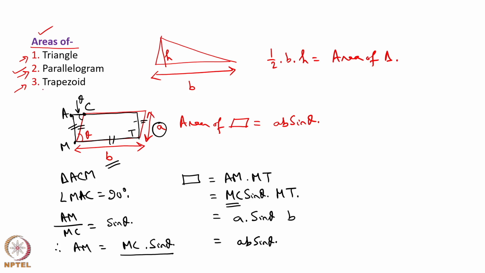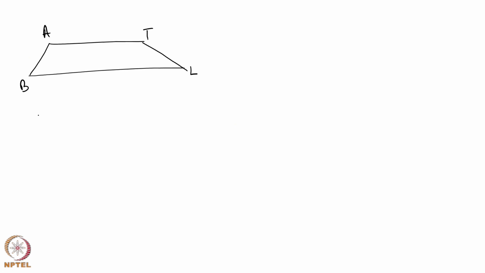We are now going to see the formula for a trapezoid to calculate its area. Consider the trapezoid ATLB. There is no guarantee that the AB length and TL length are equal. Drop a normal from A on BL and from T on BL.